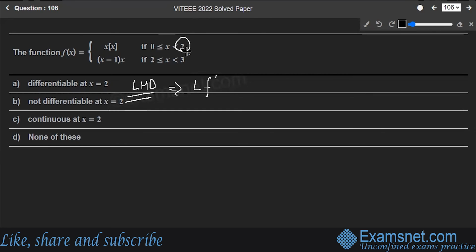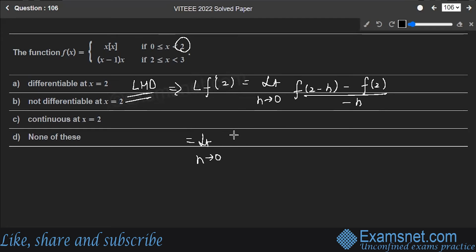It is breaking up at x equal to 2. So f'(2) is equal to the limit h approaching 0 of f(2 minus h) minus f(2), whole divided by minus h. This is the limit of (2 minus h), the greatest integer function of 2 minus h, minus 2 minus 1 into 2, whole divided by minus h.